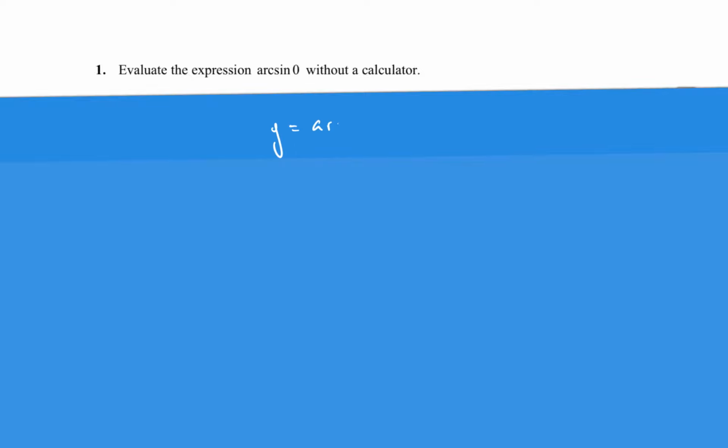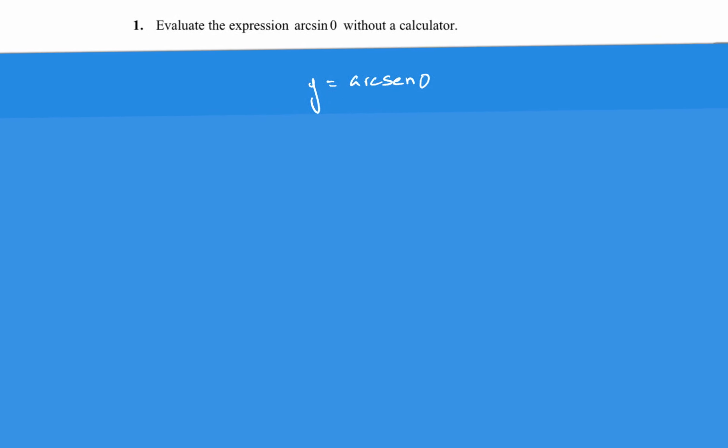So y is the number that represents arcsine of 0, but still we don't know the value y of arcsine of 0. So what we will do is apply the inverse function of arcsine to both sides of the equation.